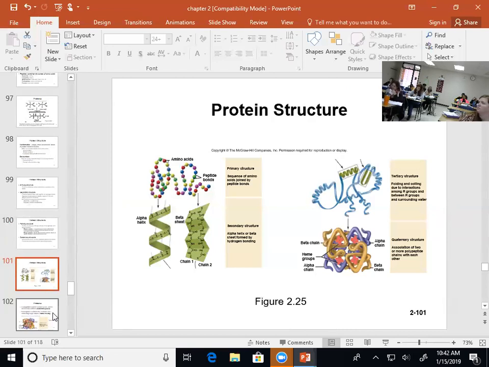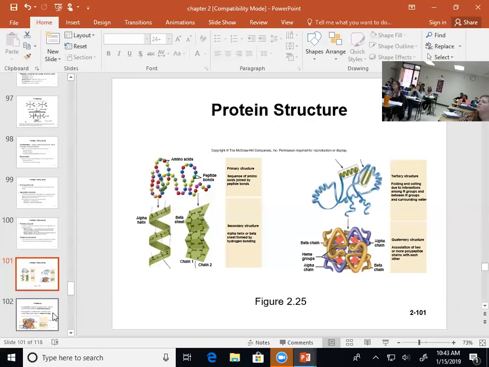I want you all to think about 20 little boxes of beads. And the beads look slightly different, right? So these beads might be like shells, and those beads are marbles, but we have 20 different boxes of beads, right? And we've got to make a protein molecule. And this is what your cells do.